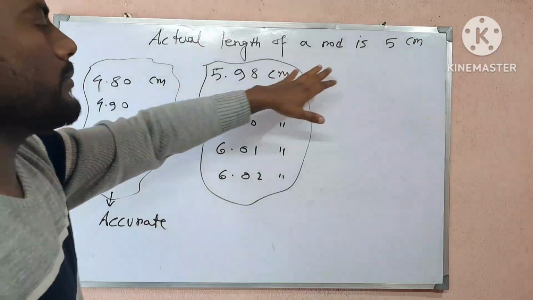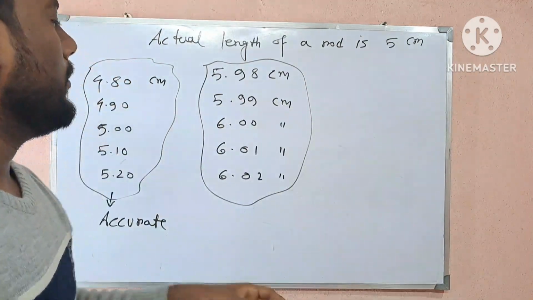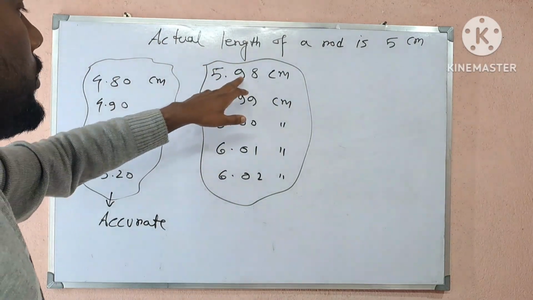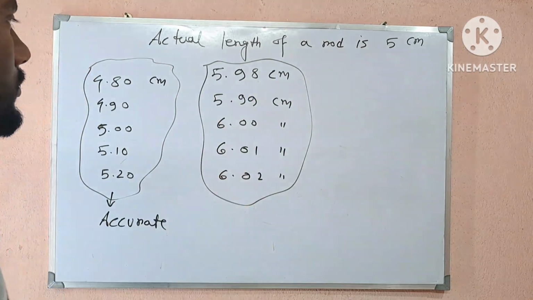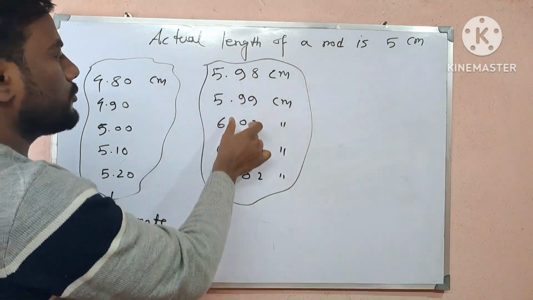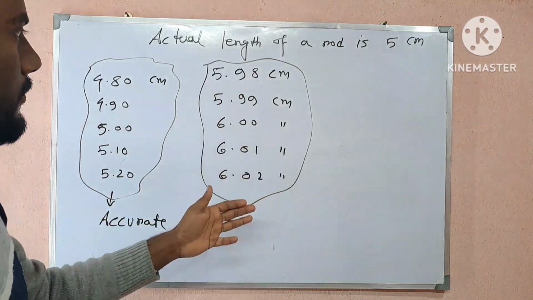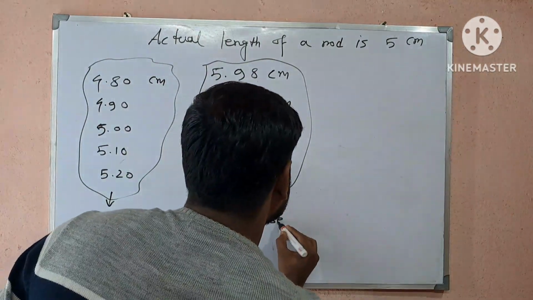They are far away from the actual value because the actual length of the rod is 5 centimeter. But one thing to notice here, these values are very close to each other, but they are far away from the actual value. This type of reading is called precise reading.